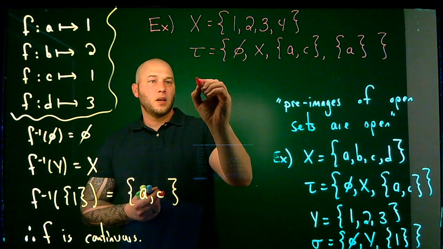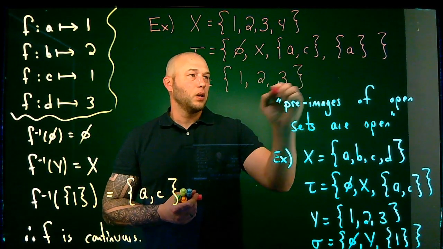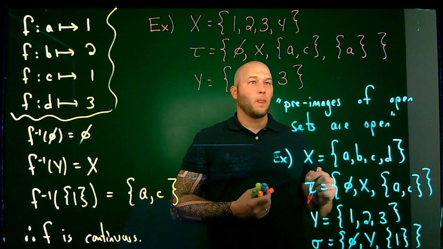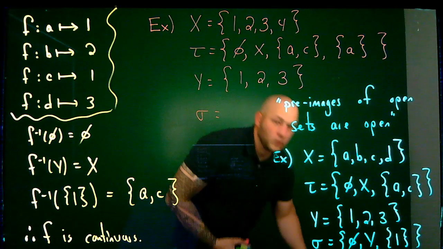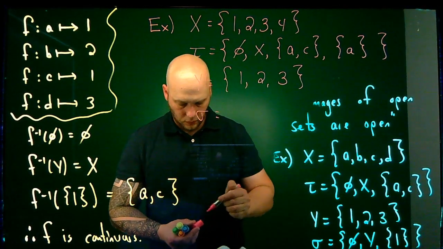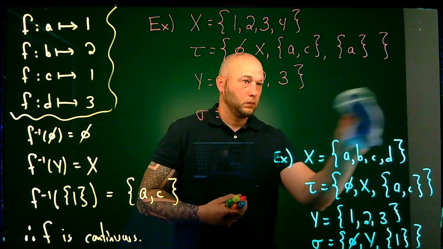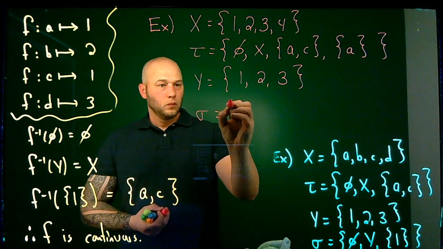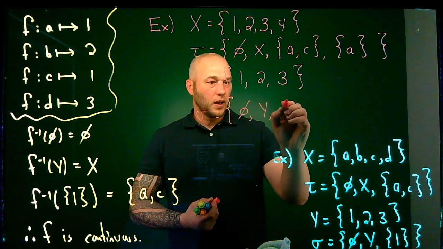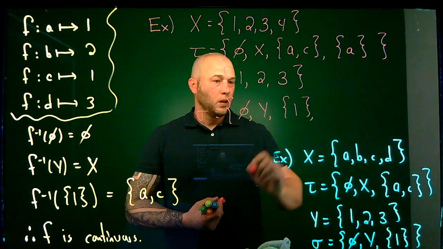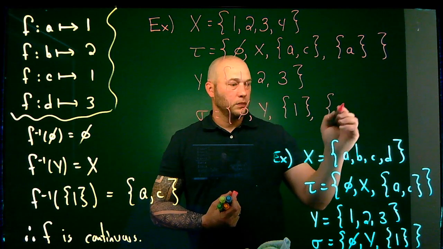Okay, and then let's say the set Y consists of, again, 1, 2, and 3. And let's say sigma consists of the empty set and Y, and then we'll do the set containing 1, and then I'll do the set containing 2.